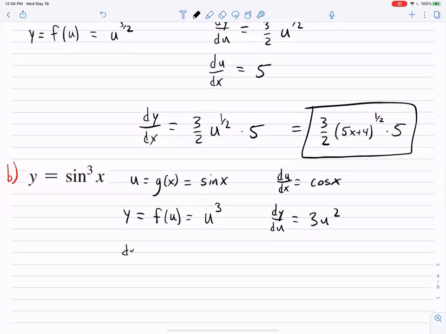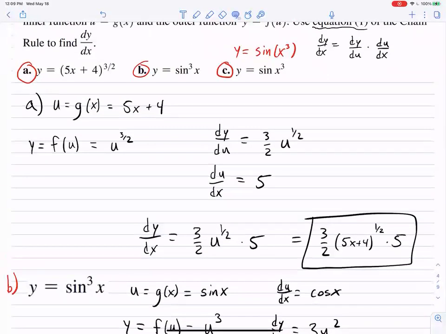And so that means dy dx is dy du, which is 3u squared times du dx, which is cosine of x. And then the final step is to plug back in g of x. So this is 3 sine squared x times cosine of x.